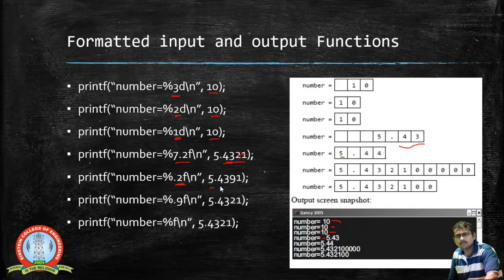After the decimal point it is 54391, but we have specified only 2. So what happens here is it gets rounded off. As I said, this is 43 and the next value is 91, but in the previous case it was 21, so it was just printed as such, 43. Since it is 91 here, it gets rounded off, so the output will be 5.44. It is not 43, since it is 439, it gets rounded off to 44.